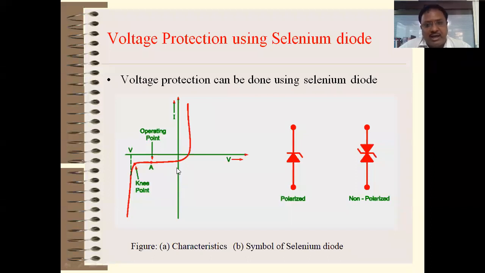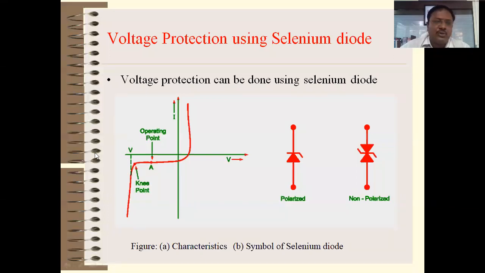In reverse bias condition, this diode turns on at a particular voltage. After that, the current through the device is very similar to the characteristics of a Zener diode, only the breakdown voltage is larger. In a Zener diode, this voltage is maximum 600, and in a selenium diode, it may be more than 3000 volts.